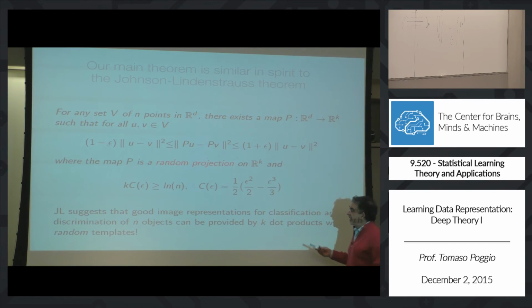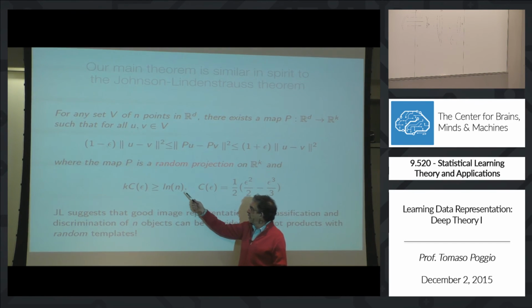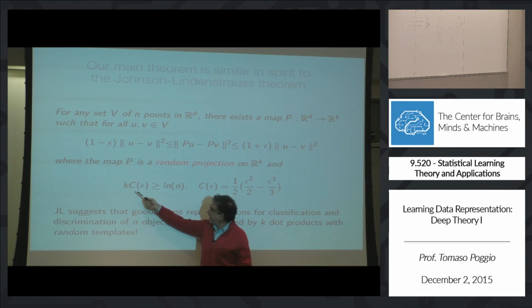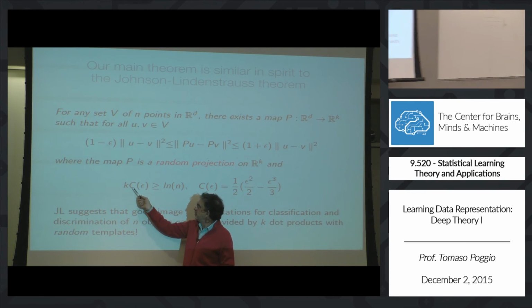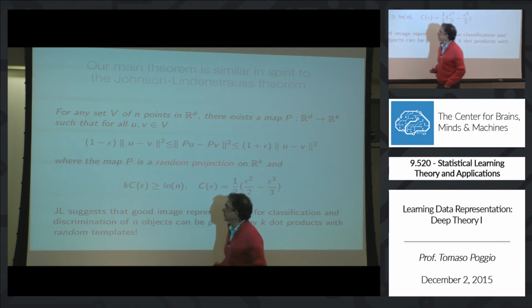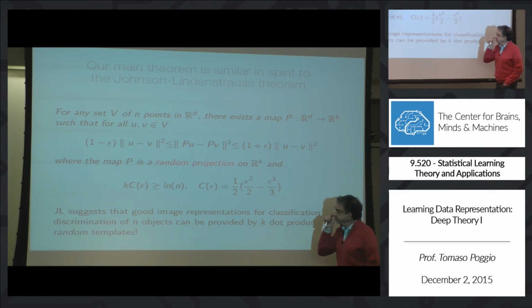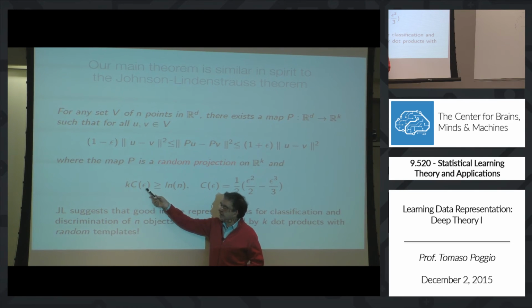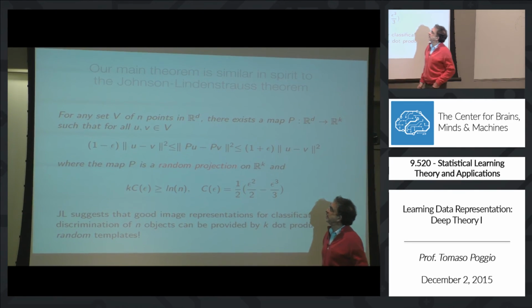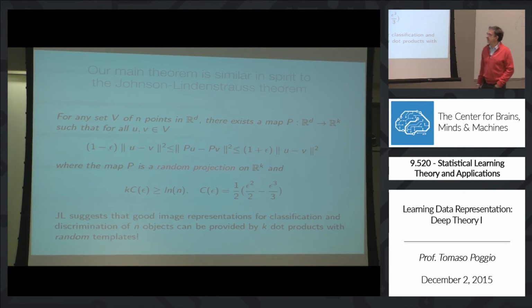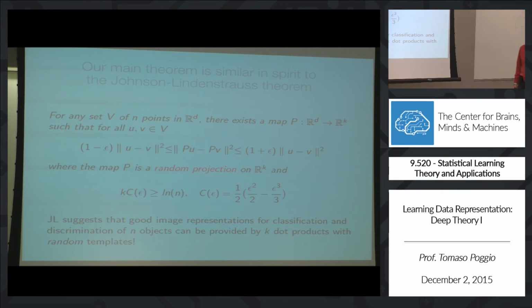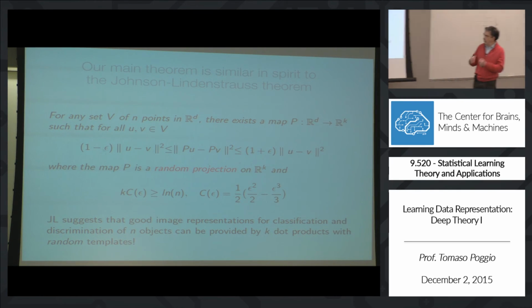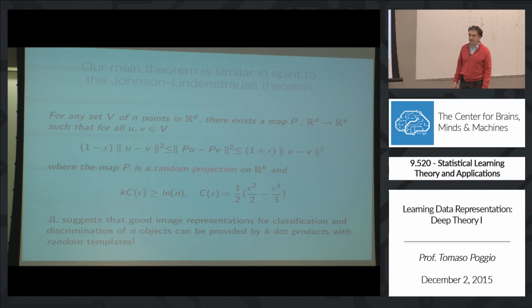And the interesting result is that the number k depends on some constant and on epsilon, but k does not depend on the dimensionality d. It depends on the log of the number of images you want to separate.